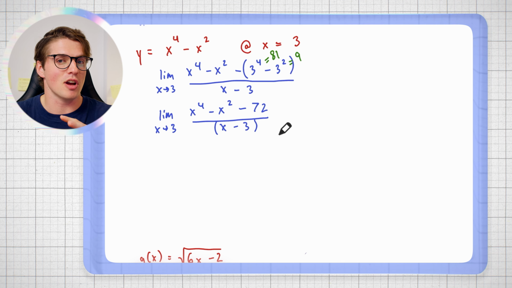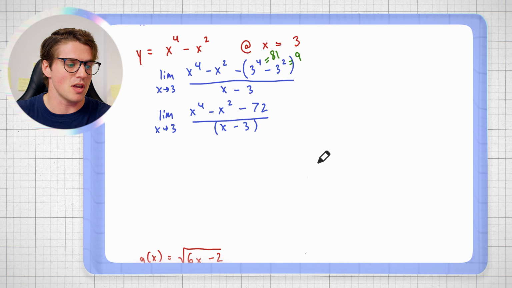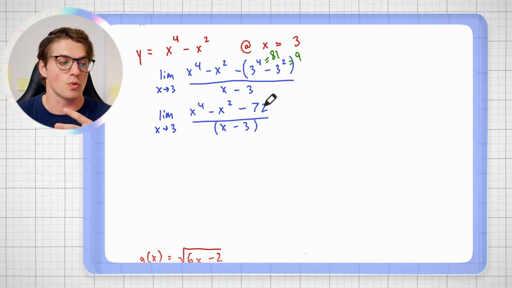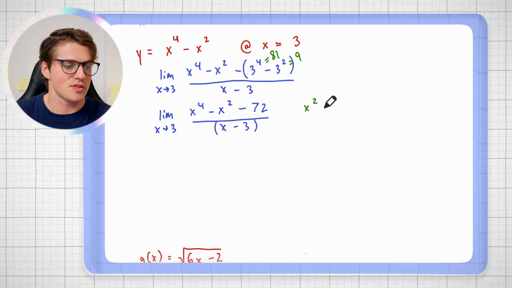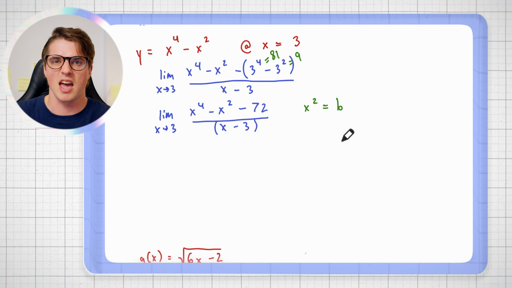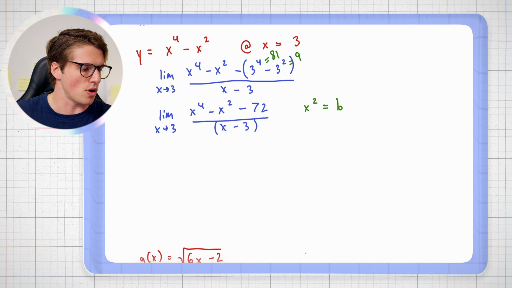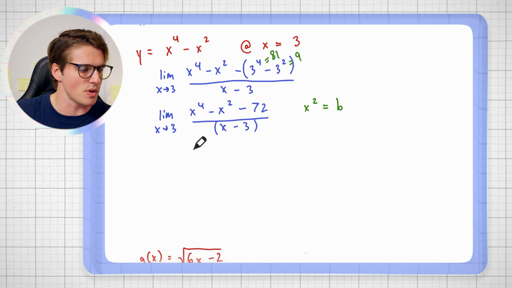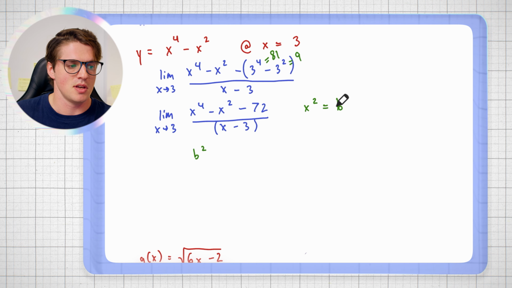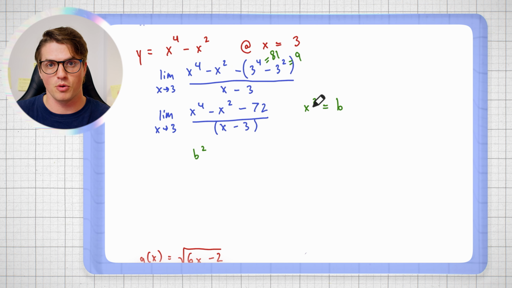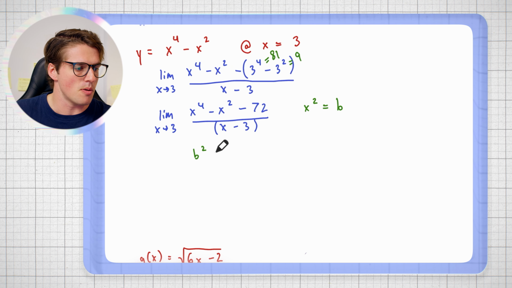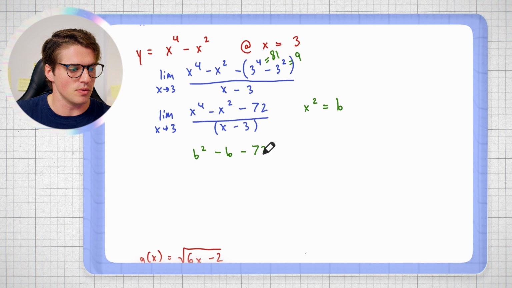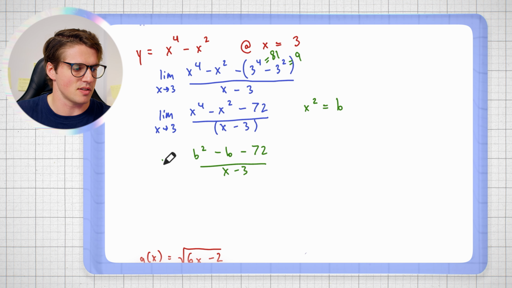If this is hard for you to factor, it might help to think of x squared as a secondary term. Let's call it b, so x squared is equal to b. We'll go back and replace it later, but for now x to the fourth would be b squared, so we have b squared minus b minus 72, all over x minus 3. I'm not going to change the x minus 3 for now.